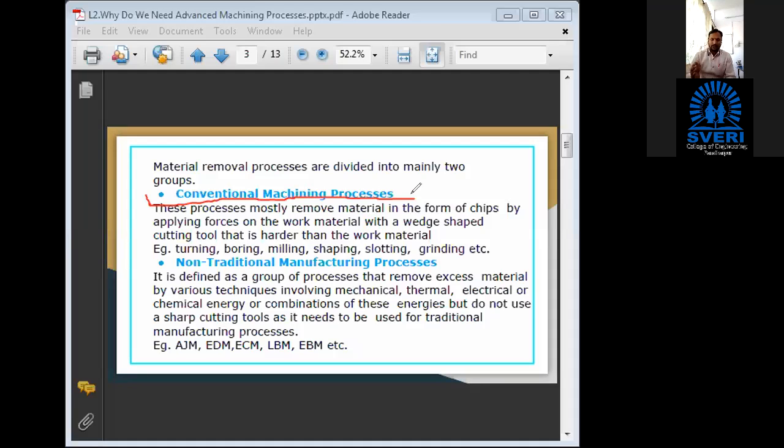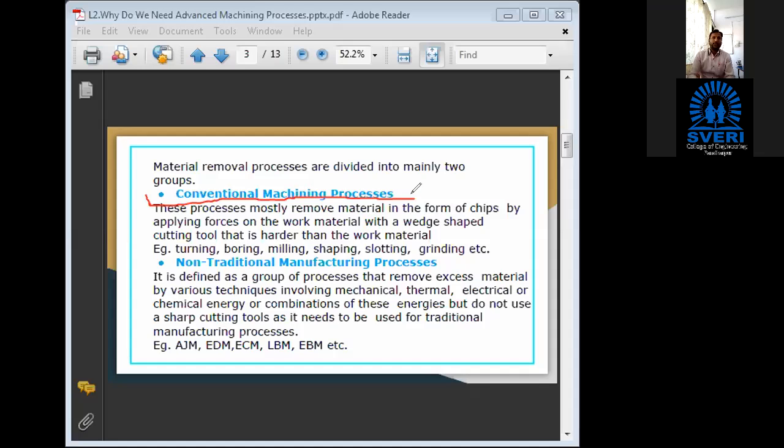Whatever the tool material or cutting tool material is, it is always harder than the work material.